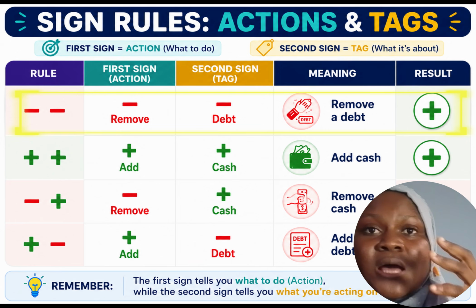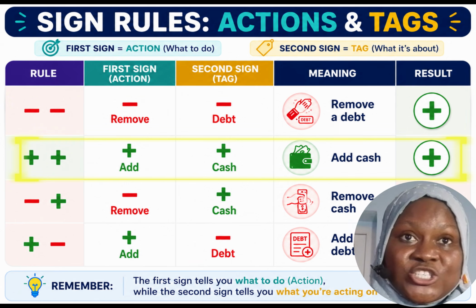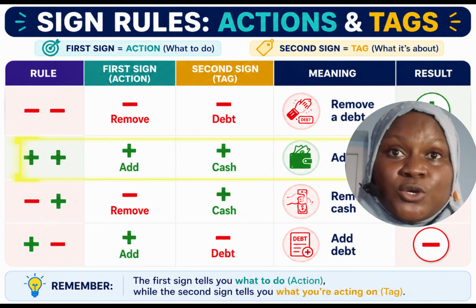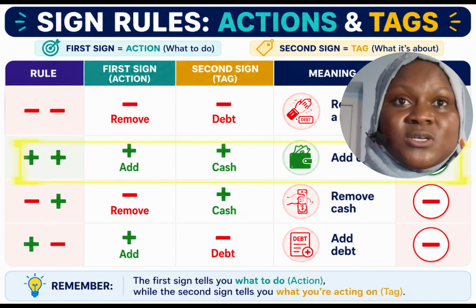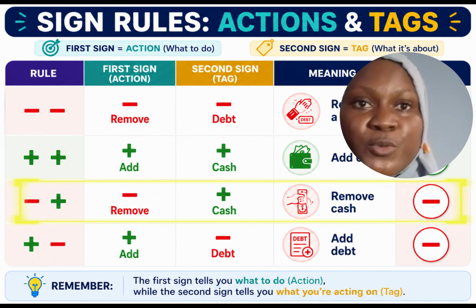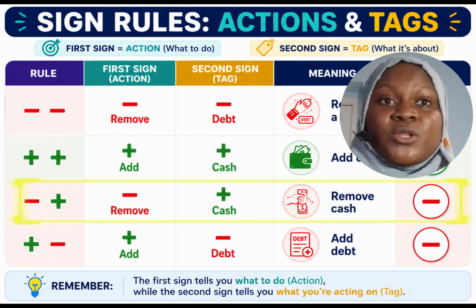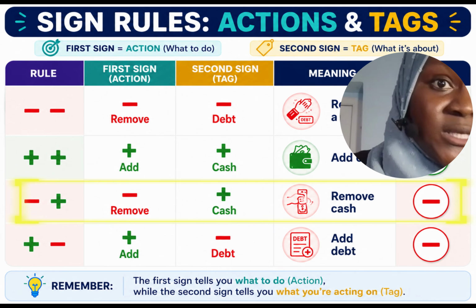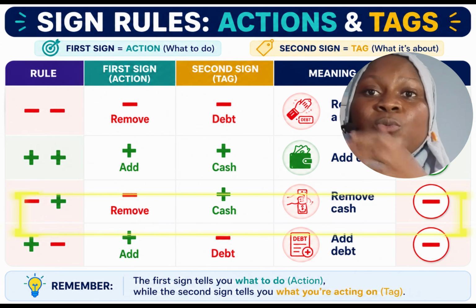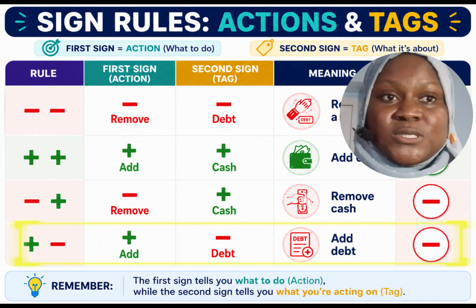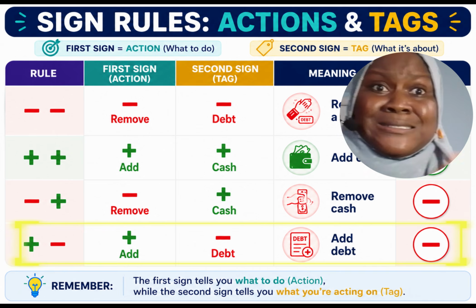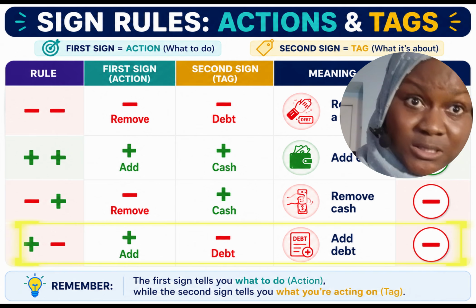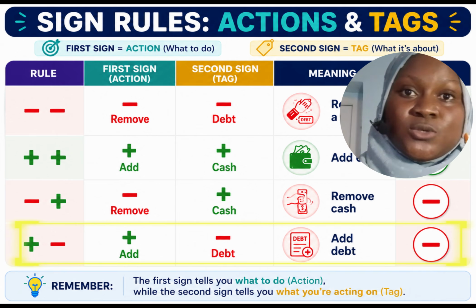The second, plus plus, add cash. Think about somebody adding cash for you. That's a gain for you. The third one, minus plus, remove cash. So think about somebody removing your cash. If they are removing your cash, you are losing. And finally, we have plus minus, which is add debt. Imagine piling up more debt for you. That is a loss. That means you are losing.